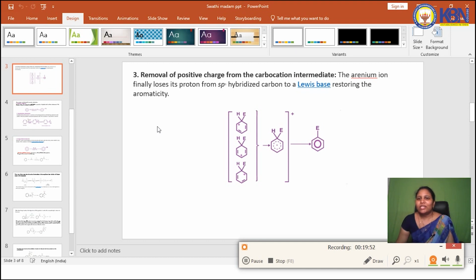Some examples of electrophilic substitution reactions are nitration of benzene, halogenation of benzene and Friedel-Crafts acylation of benzene. In these three reactions, the hydrogen atom of benzene is replaced by the corresponding electrophile, which results in the formation of the corresponding compounds. Thank you.